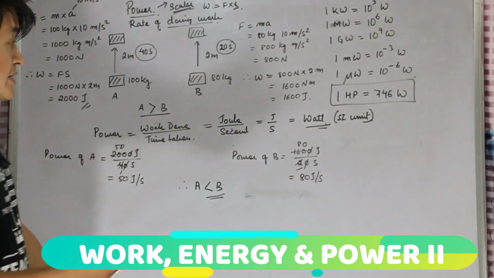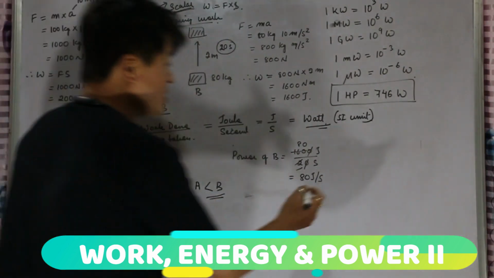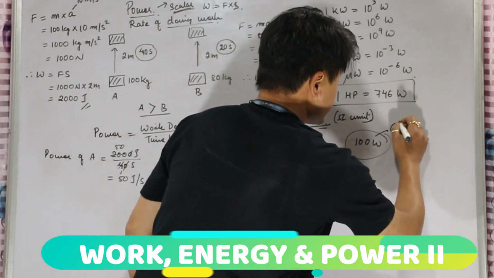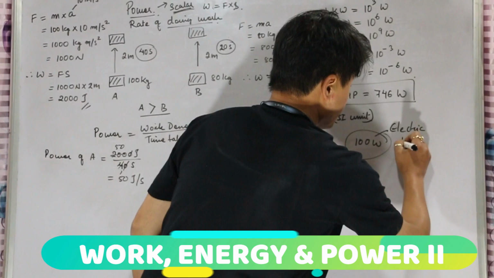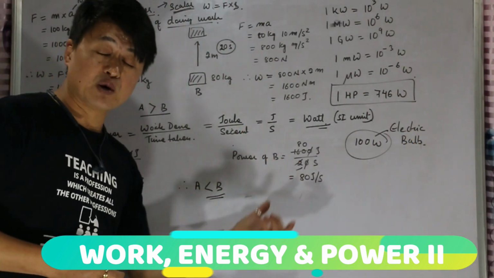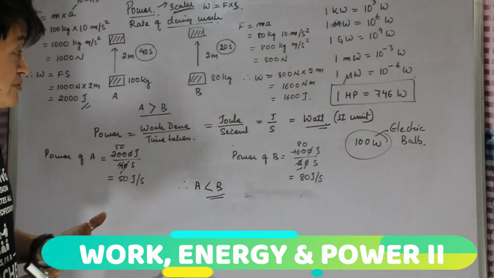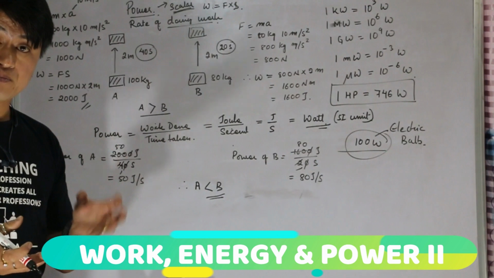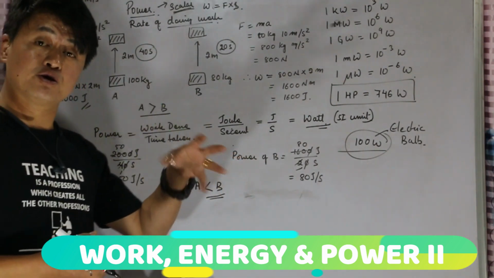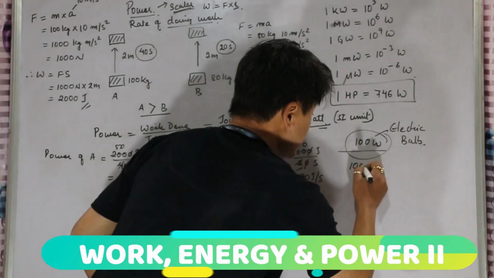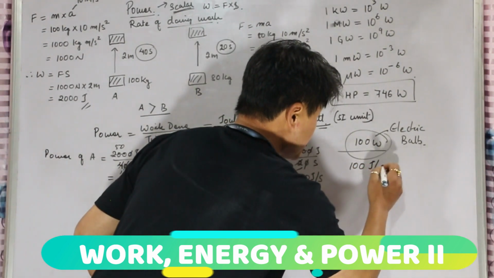If the power of an electric bulb is 100 watt, what do you understand by this? From this we understand the bulb does 100 joules of work in 1 second, because watt is joules per second.